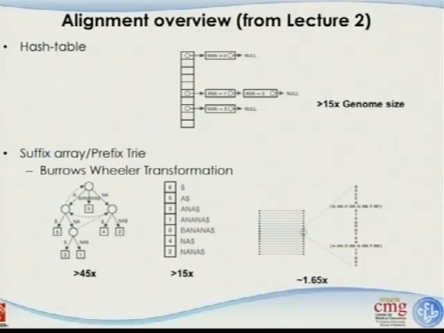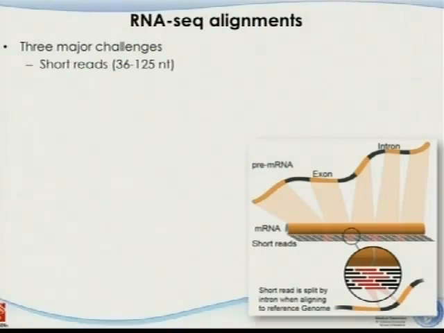The problem is it can be slow, and the index sizes are pretty big, right? There's another type of strategy, the suffix tree or prefix tree. You can see this is the prefix tree, this is the suffix array, and these are not really widely used because they hold a lot of memory. It's just too big. Most people are just using the Burrows-Wheeler transformation. And these are in terms of alignment on the DNA end.